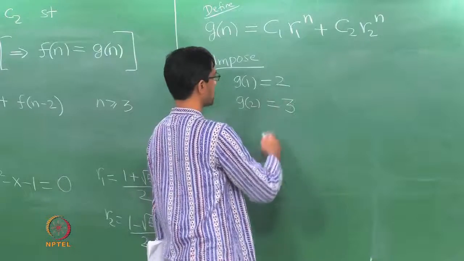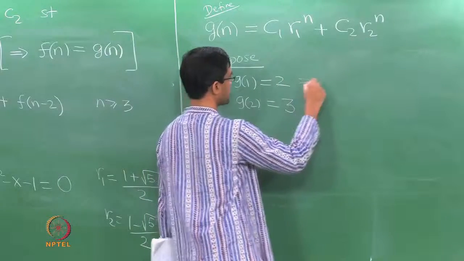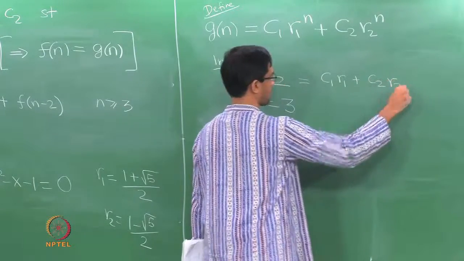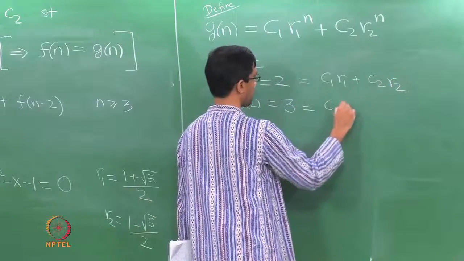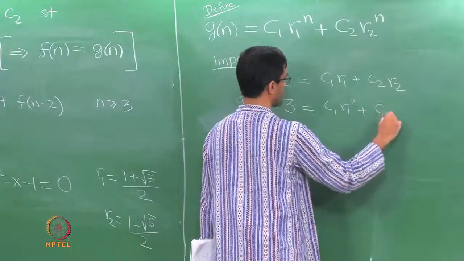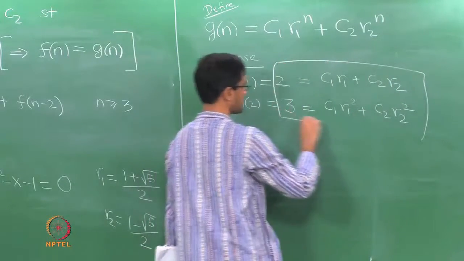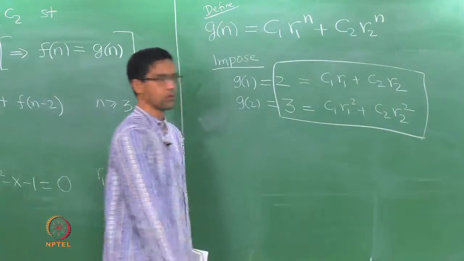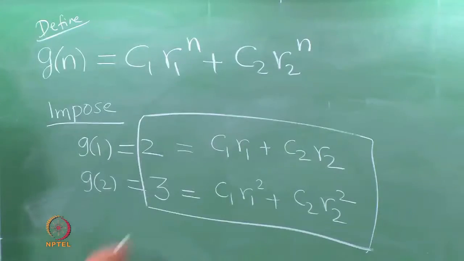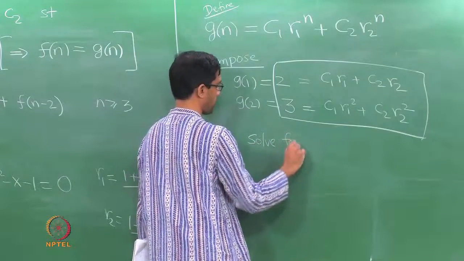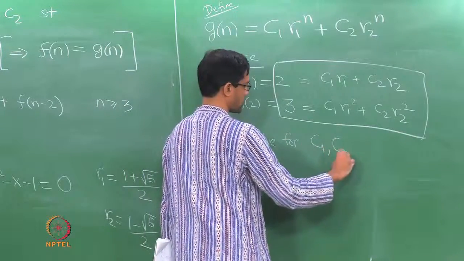So these are the two conditions that we would like to be satisfied. So what do these amount to? G of 1 is just c1 r1 plus c2 r2. G of 2 is c1 r1 squared plus c2 r2 squared. So what you now have are two equations for the two unknowns c1 and c2. Okay, so all we have to do is just solve these equations for the constants c1 and c2.